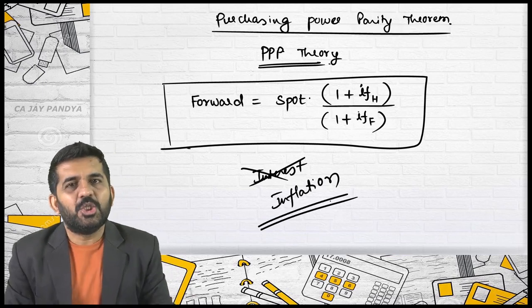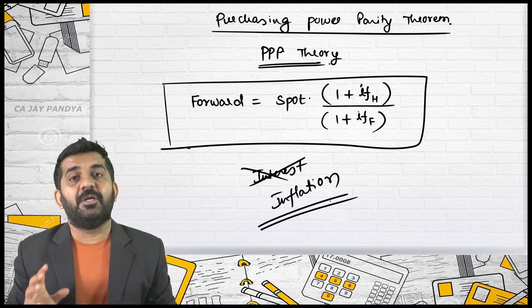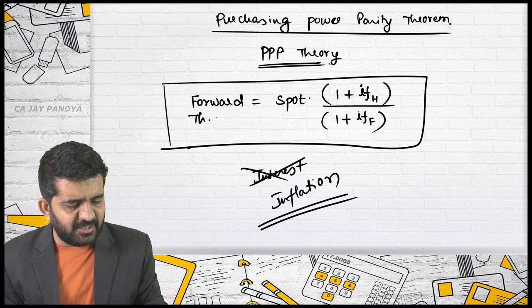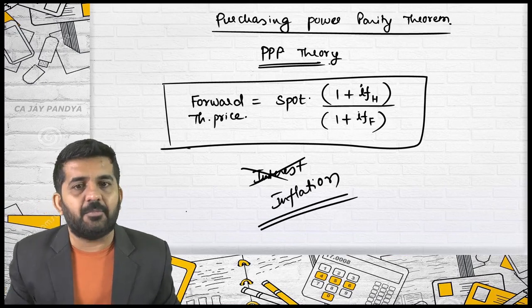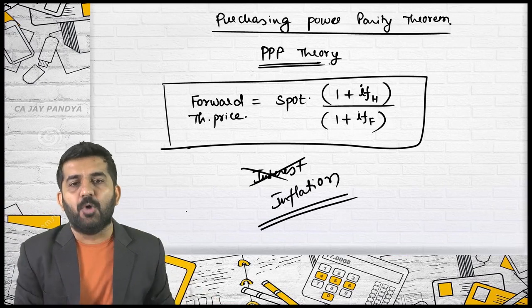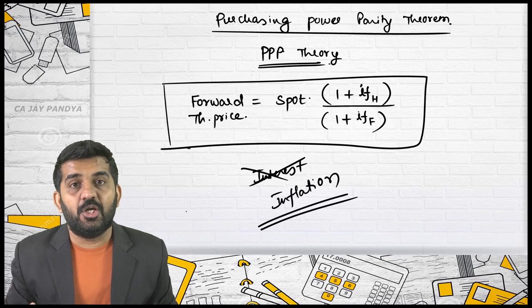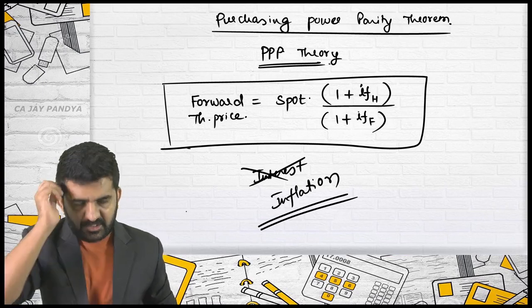And believe me, through inflation, we cannot theoretically explain arbitrage. There will be arbitrage. This is not the actual price, and this is the theoretical price of forward. If the actual price is different, there will be arbitrage, but this cannot be explained on paper, because then you would have to purchase actual commodities like potatoes and other things to explain it.